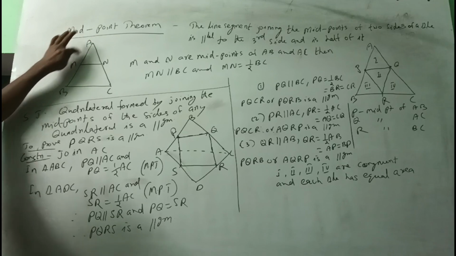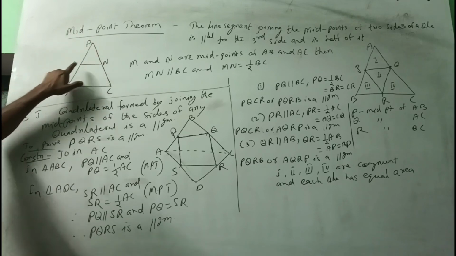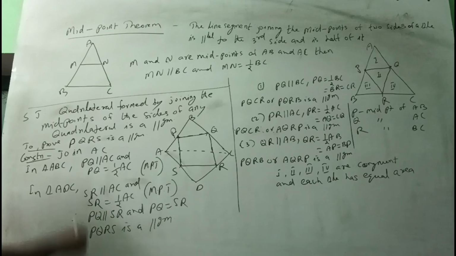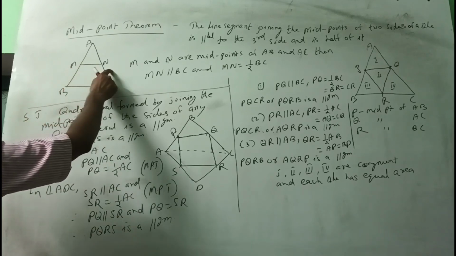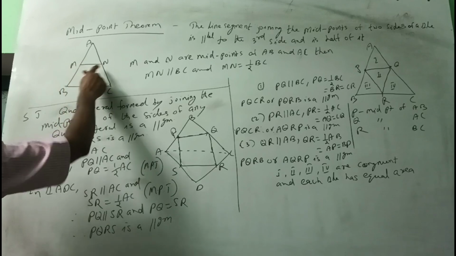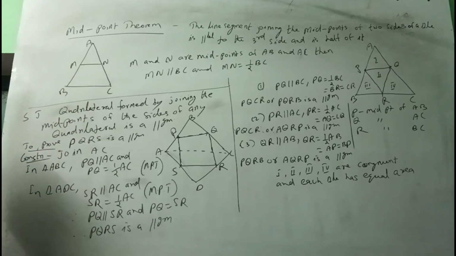Let's see. You see this triangle. M and N are the midpoints of AB and AC. If we join M and N, then MN will be parallel to BC, and MN will be equal to half of BC.